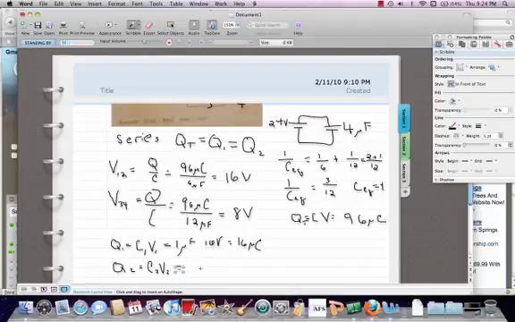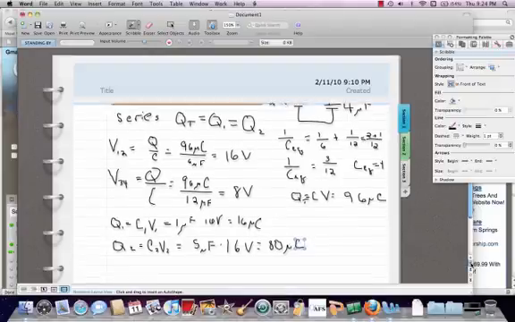So now I have 5 microfarads times 16 volts. And so I find that is 80, so I get 80 microcoulombs. Okay, and that makes sense too, so that's the answer.